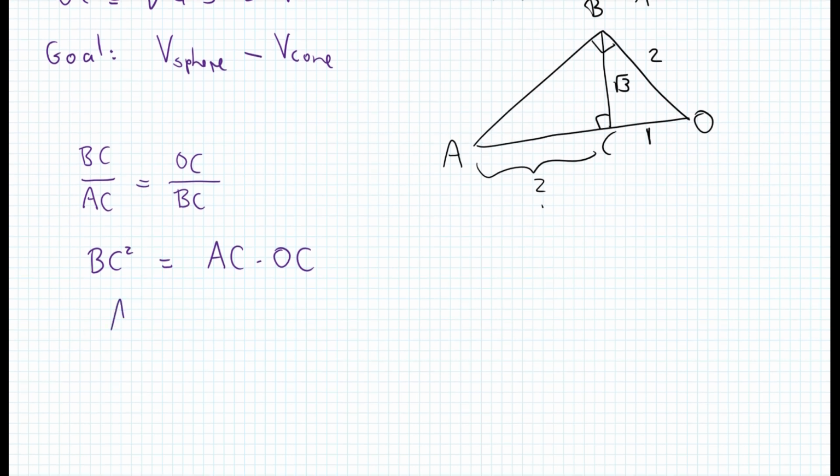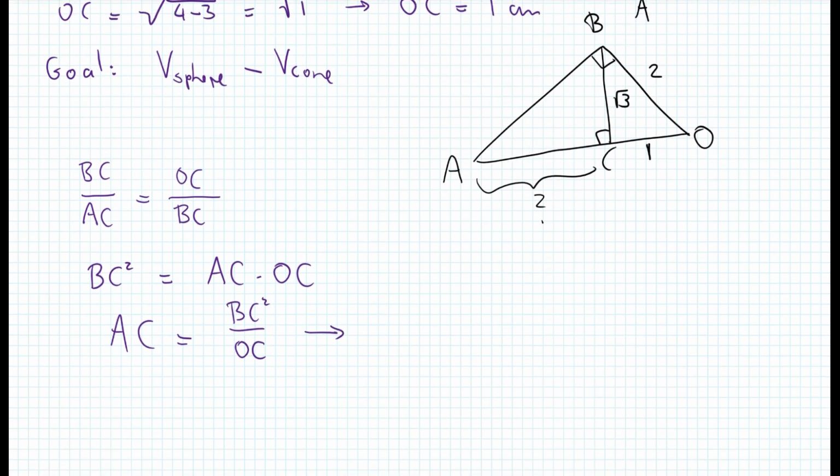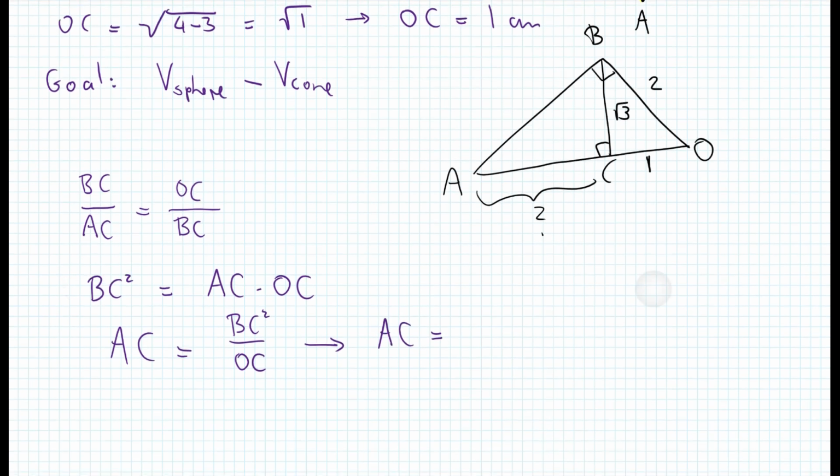Now we're going to solve for AC, and AC is equal to BC squared divided by OC. The good news here is that we do have BC and we have OC. So let's substitute that. BC is radical 3, and luckily we square it, so we end up with a nice whole number.